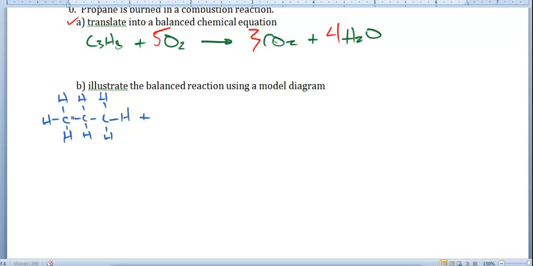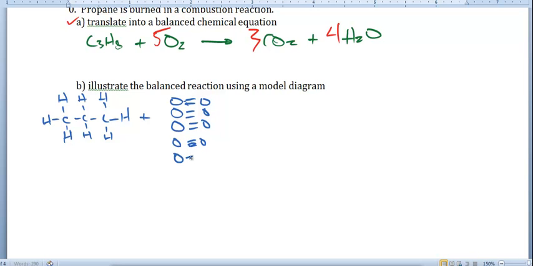All right, so that's propane, a 3-carbon chain, with hydrogens filling in the rest of the valences. 5 oxygen molecules. Now, here it is important when we're doing thermochemistry, you have to know that there's a double bond between the 2 oxygens. It's not a single bond and it's not a triple bond. It's a double bond, and this is quite important, and I'll show you why in a minute.